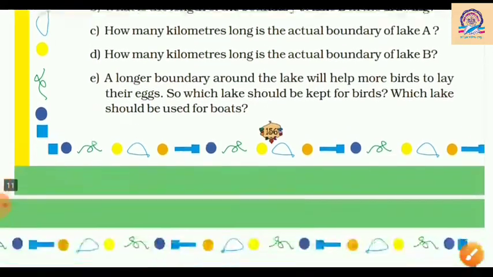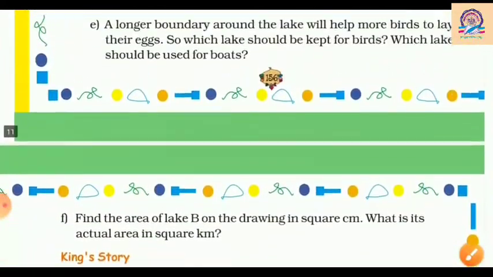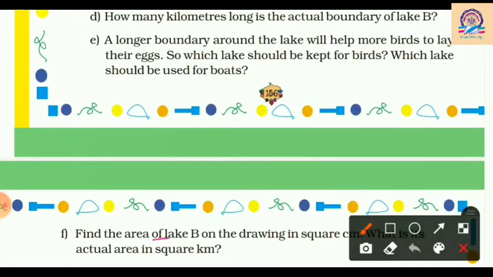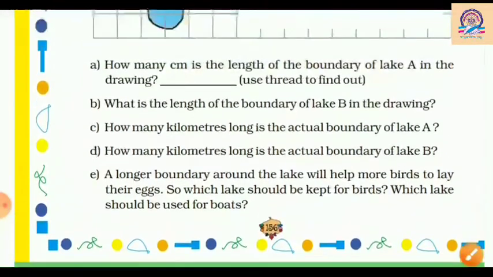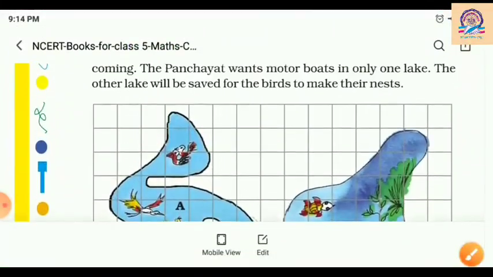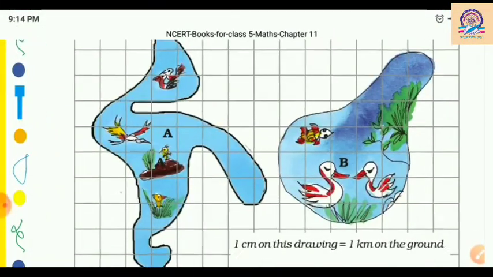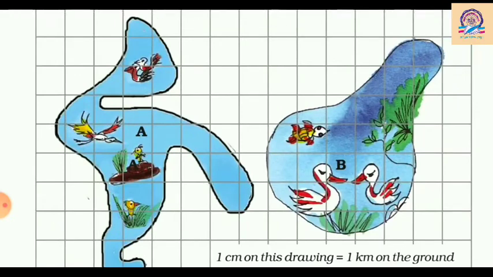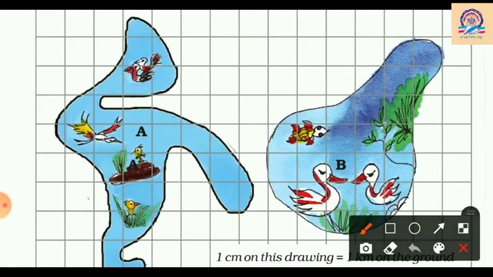Now question number F. Find the area of Lake B on the drawing in square centimeters. What is its actual area in square kilometers? So now we have to measure this Lake B, and let's find how much it is.